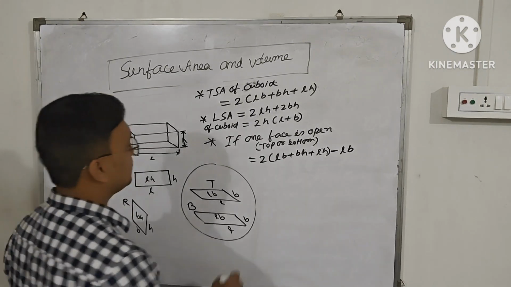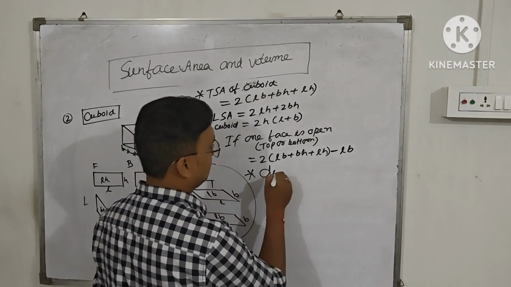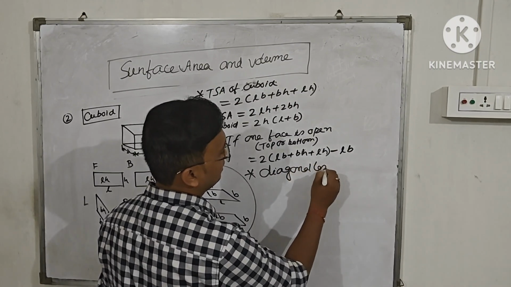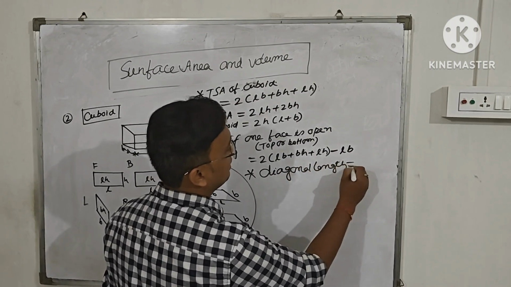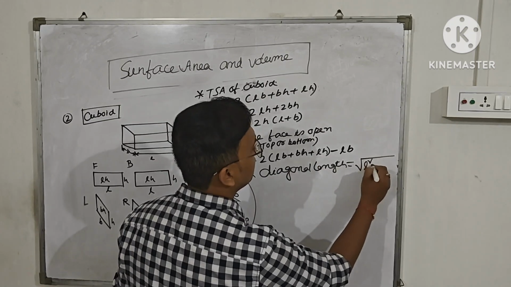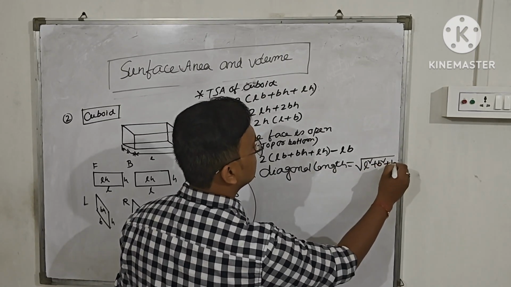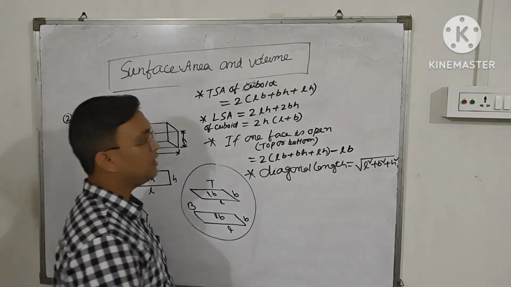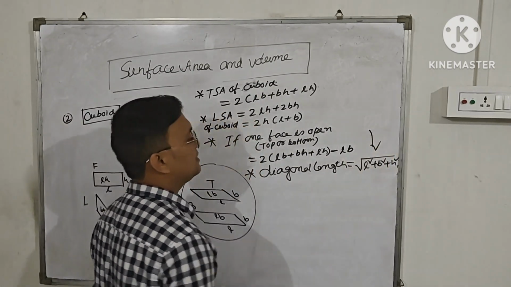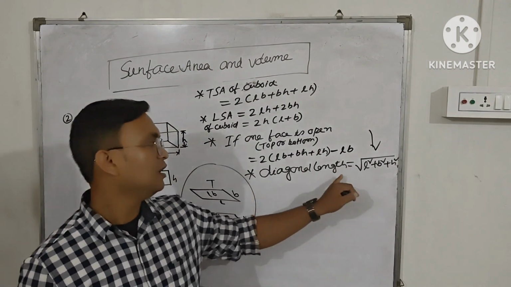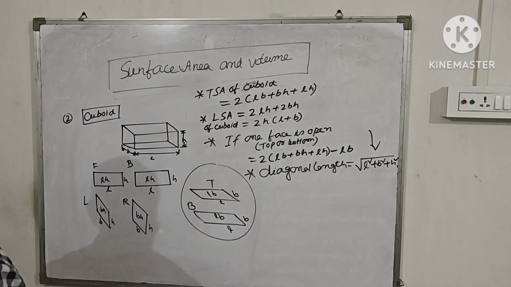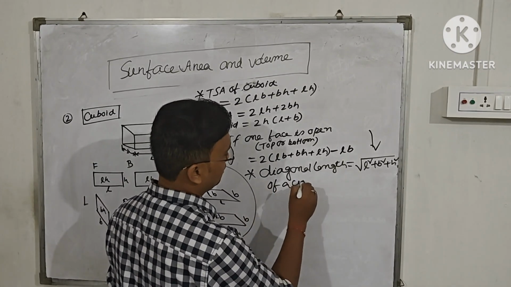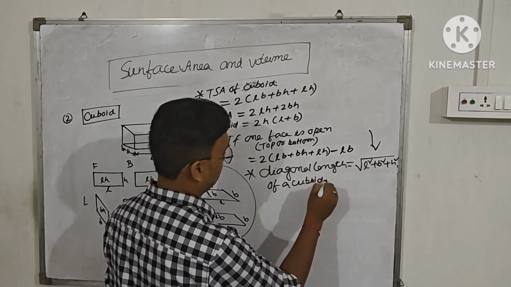Next formula is diagonal length, that is root over L square plus B square plus H square. No need of proof of this formula, simply remember the diagonal length of a cuboid is root over L square plus B square plus H square.